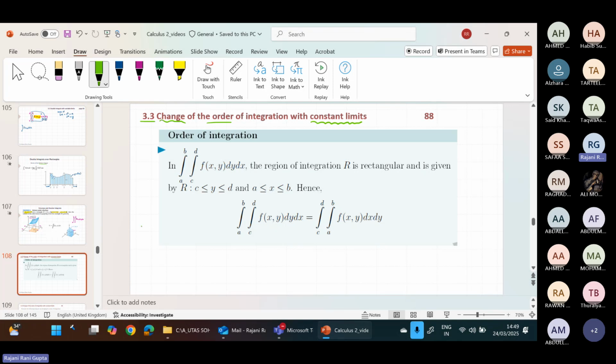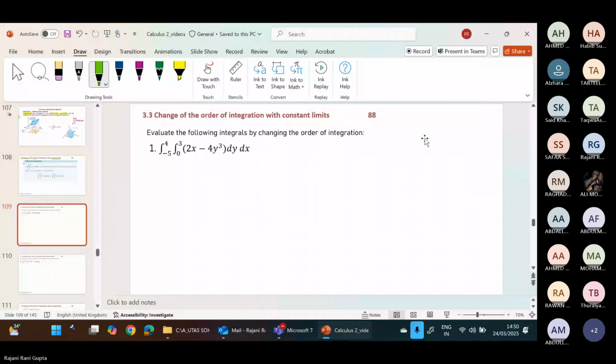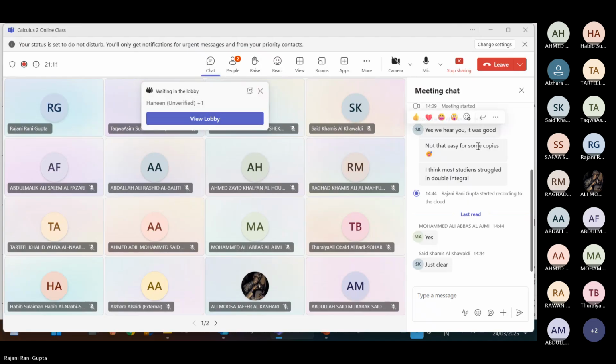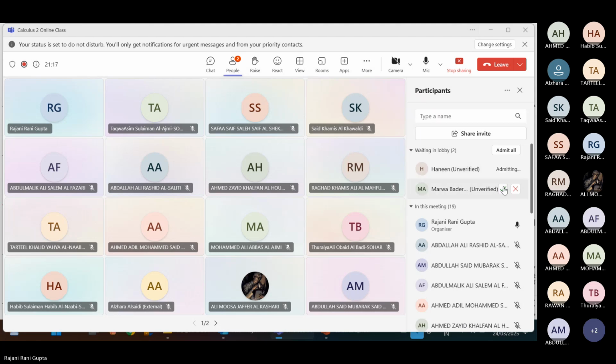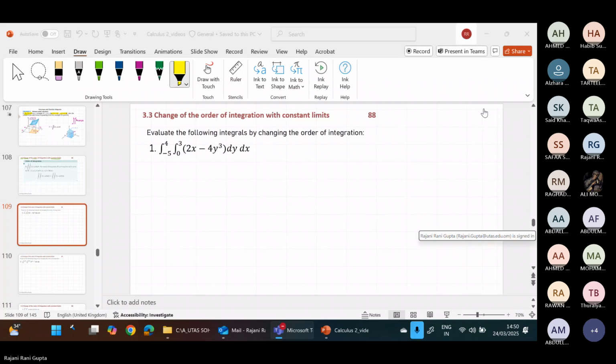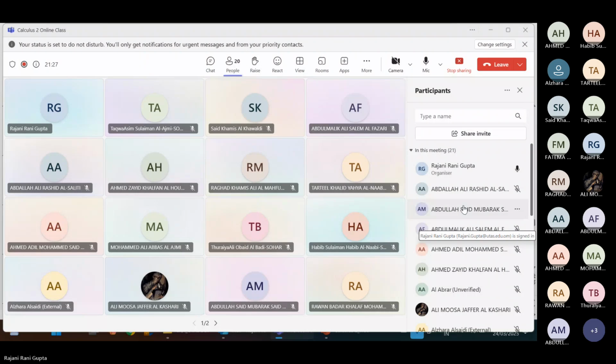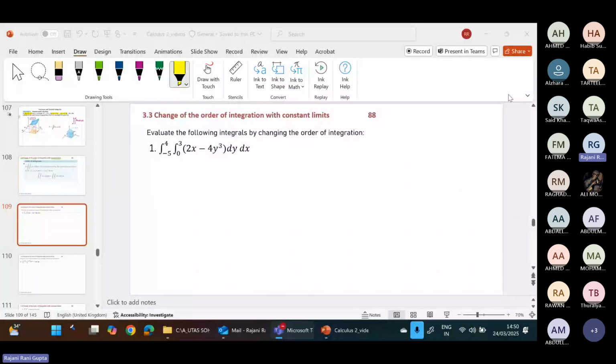Okay, so let's consider a question. We'll see how to do it with the help of an example.